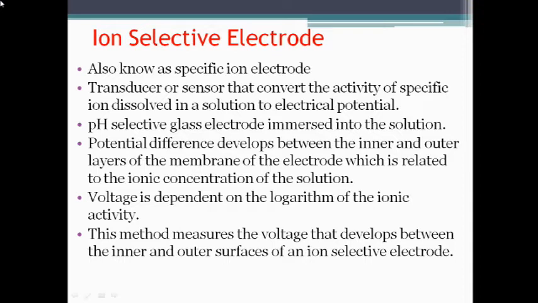The potential difference is developed between the two layers. So by this method we can measure the voltage that develops between the two membranes or two surfaces of the ion selective electrode. This is the basic principle of the ion selective electrode.